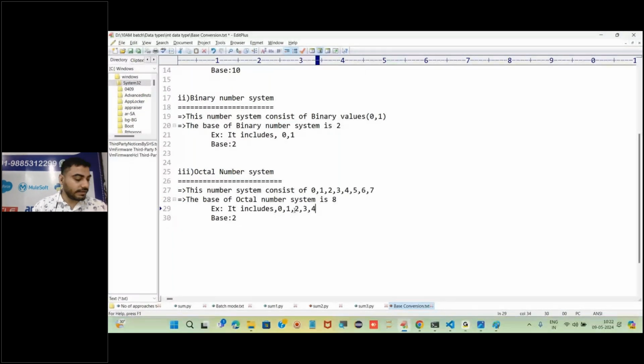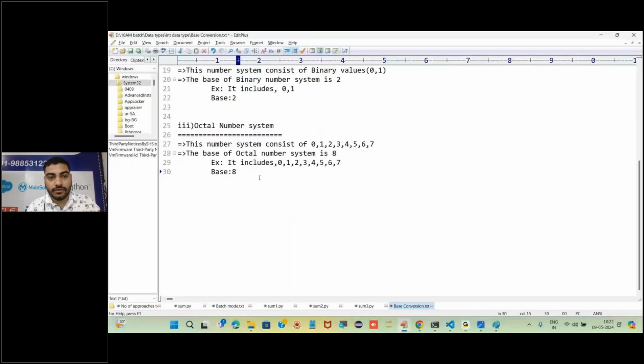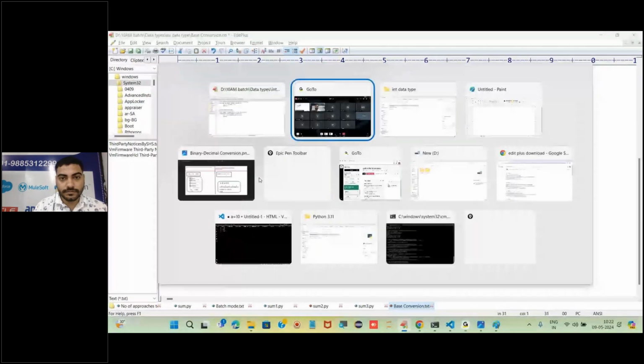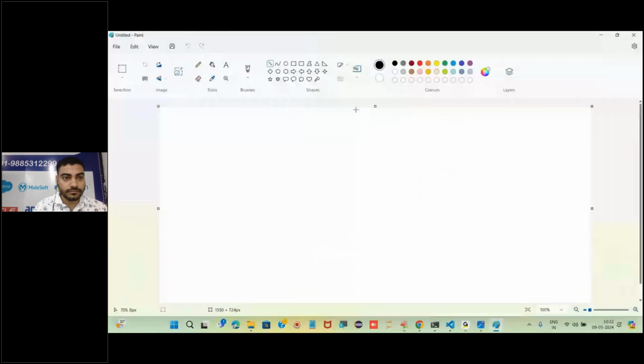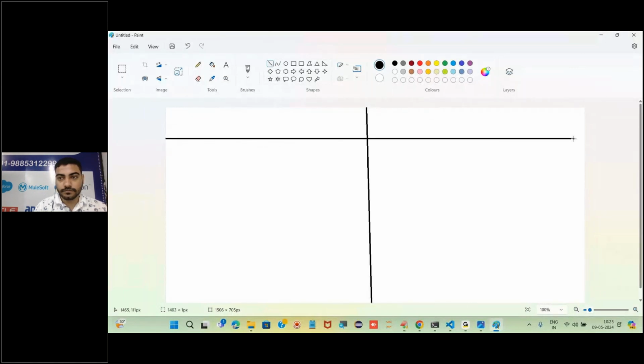Can we go now? Can we solve? Now let's go for Paint. Again, I'll take two partitions. First is the conversion.